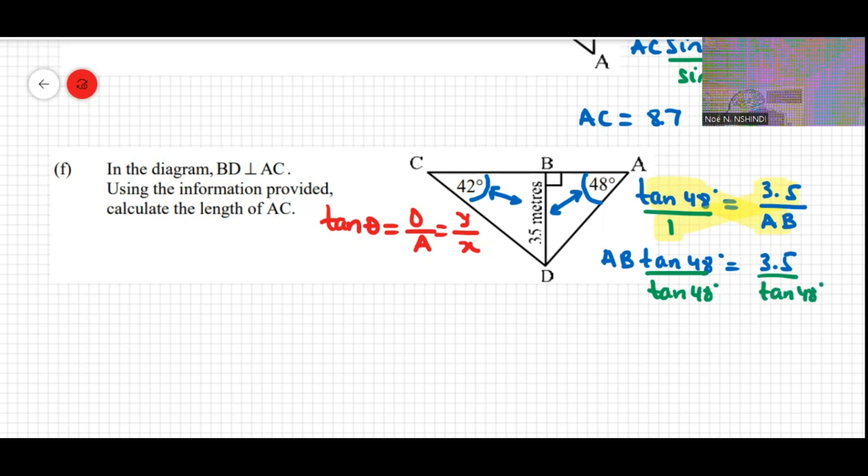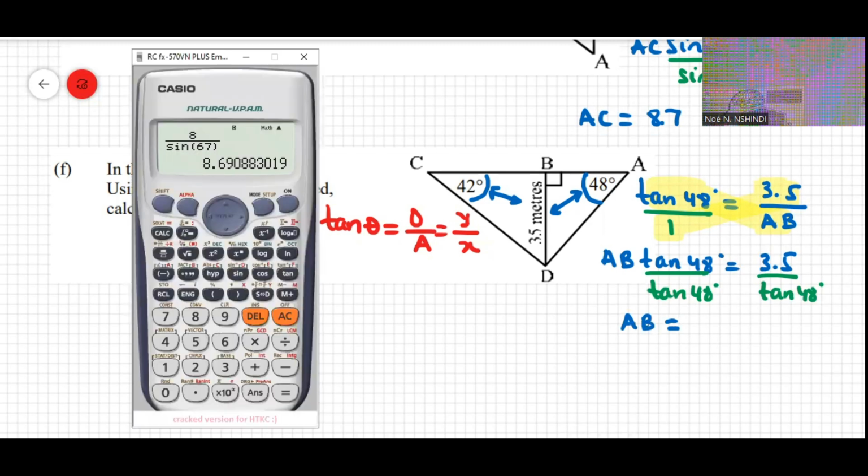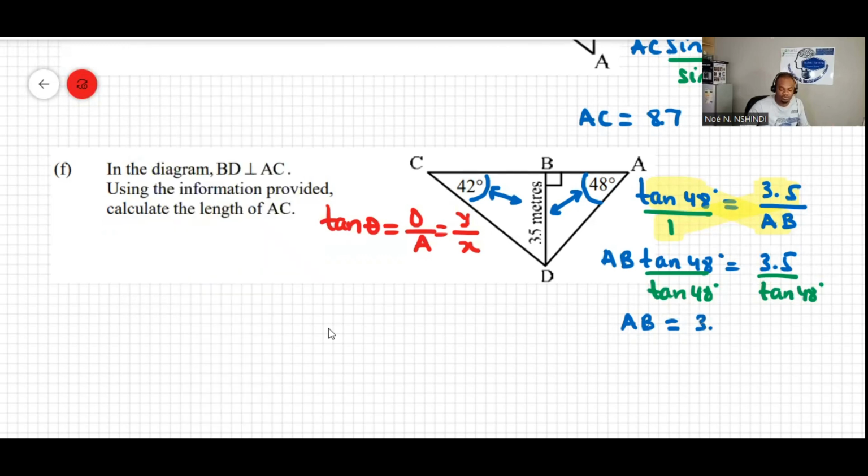And then that makes AB equal to, we can use our calculator, 3.5 over tan 48, and then hit equal, that makes 3.2, rounded to the first decimal place. So AB is 3.2.